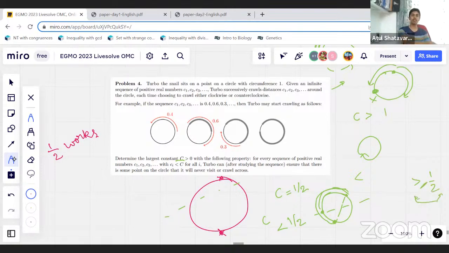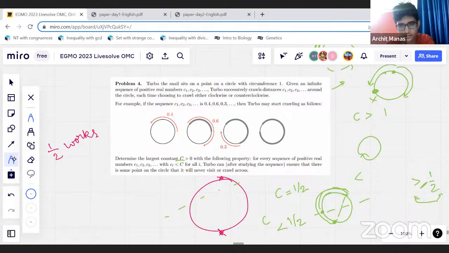It's not like Turbo will give us a point and we have to make sure Turbo will go over it. After seeing our sequence, Turbo decides. Yeah, because Turbo can decide after studying the sequence.